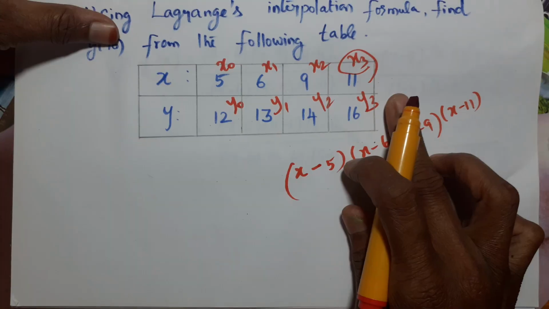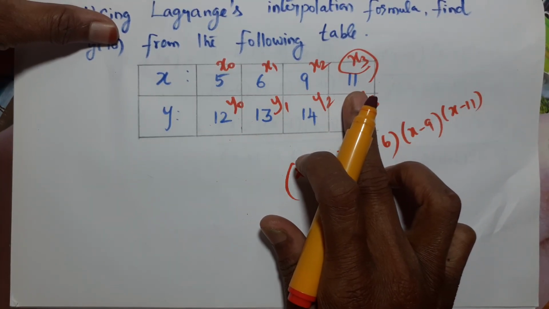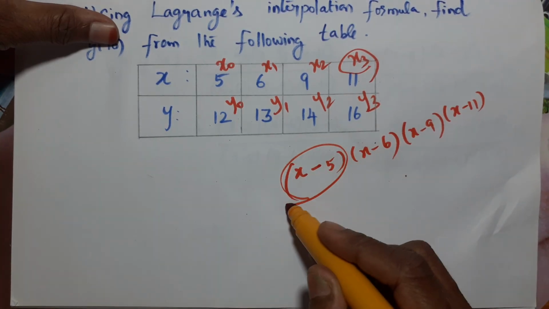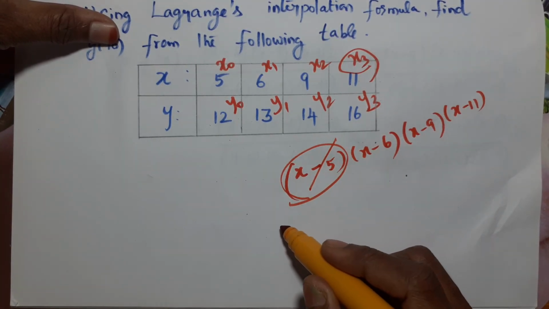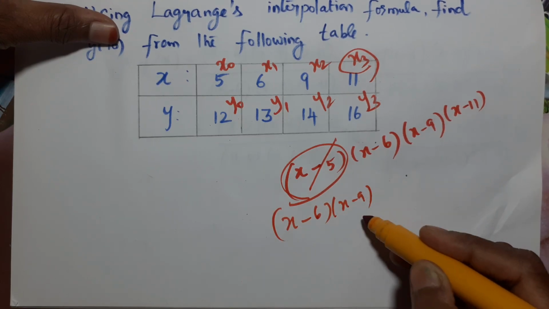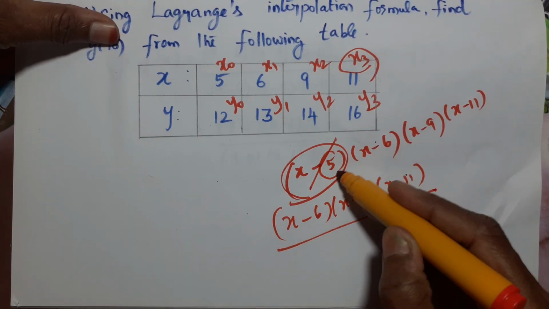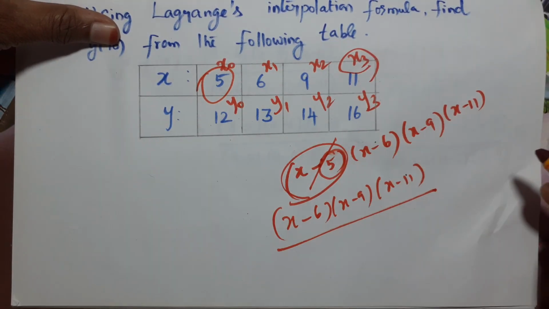In the table itself we can fix x minus 5, x minus 6, x minus 9, and x minus 11. For the first value we have to leave this. So leaving that, we have to take x minus 6, x minus 9, then x minus 11, divided by which one we left? This 5, this term we left, no.